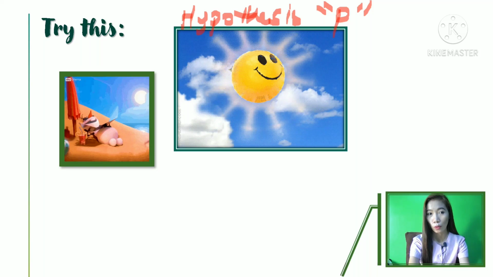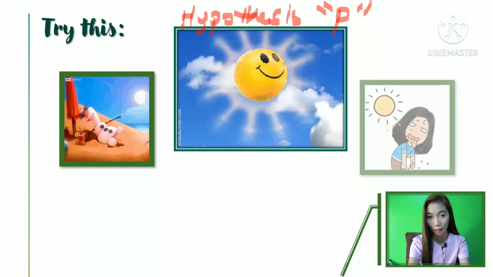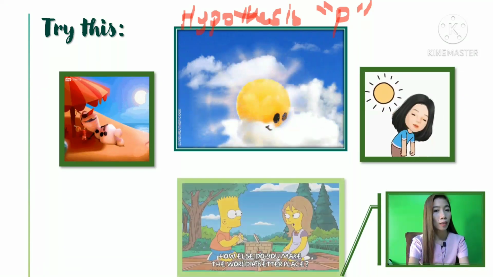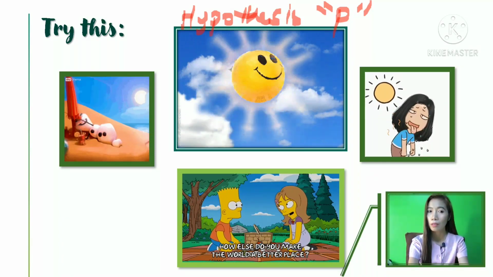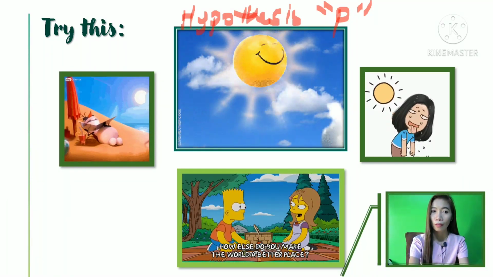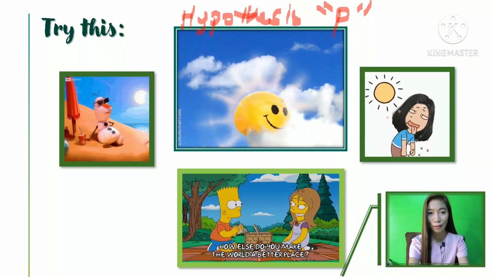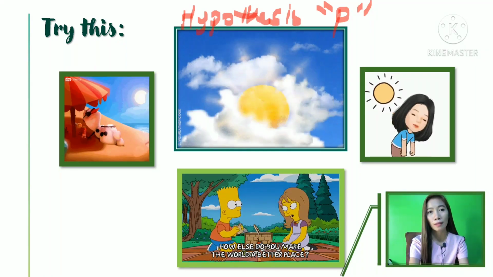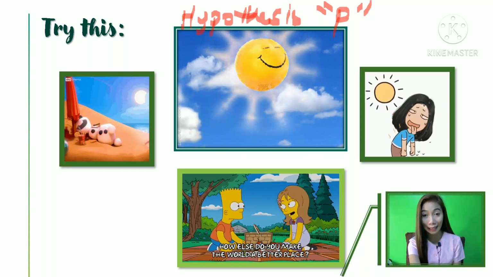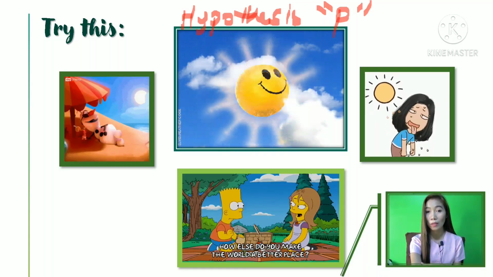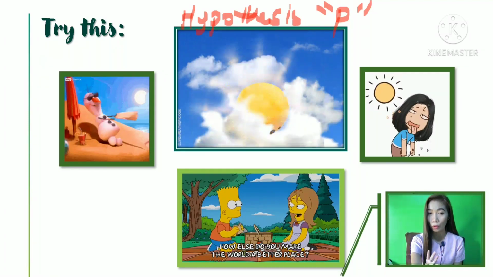So that's the first one, and that one, and lastly, this one. These 3 pictures, you will use for your conclusion. So it means that you will formulate or construct 3 conditional statements from these 4 animated pictures.